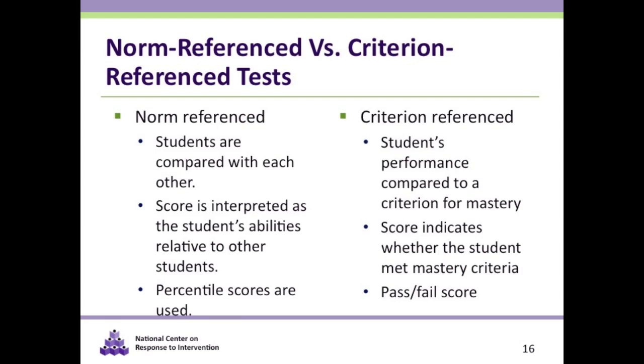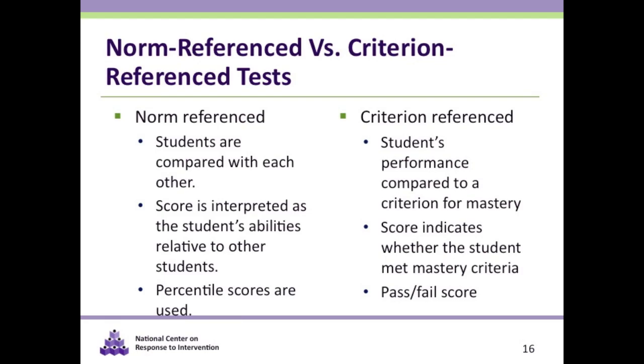Criterion-referenced tests are often standards-based tests that compare a student's performance to a criterion for mastery of a skill or objective. The score indicates whether the student met the mastery criteria, and so it often looks like a pass-fail or a proficiency score. Assessments, including screening assessments, can be both norm-referenced and criterion-referenced, depending on what information you're trying to gather.